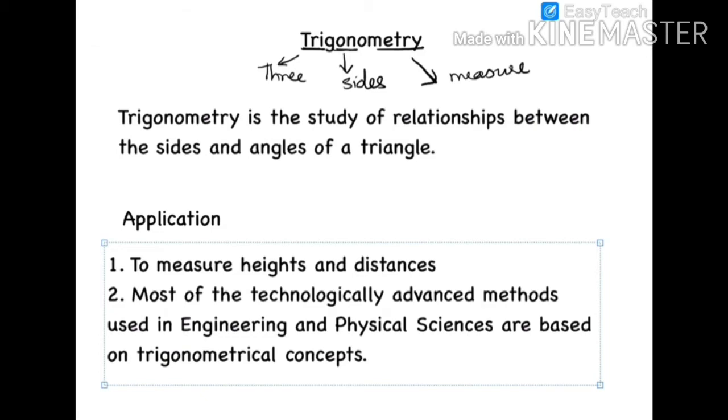So we can say that it is used to measure the heights and distances, and most of the advanced technology that is used in engineering and physical sciences like physics and chemistry are based on trigonometrical concepts. The main derivations of proving certain laws in physics and chemistry are based on trigonometric concepts.